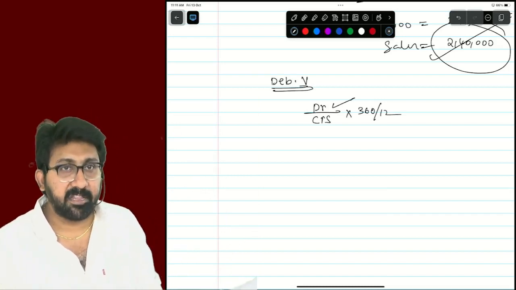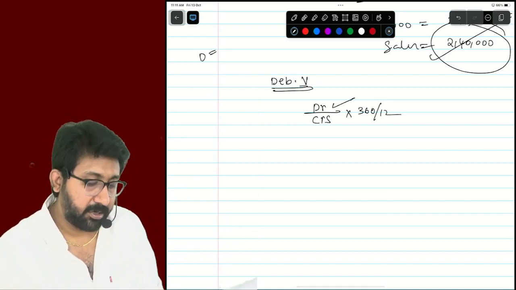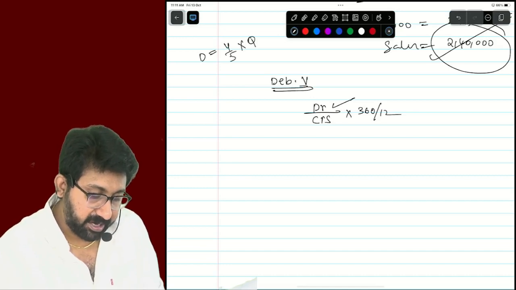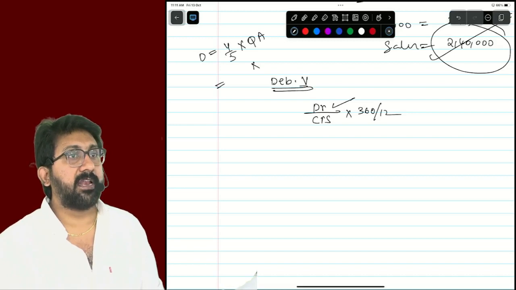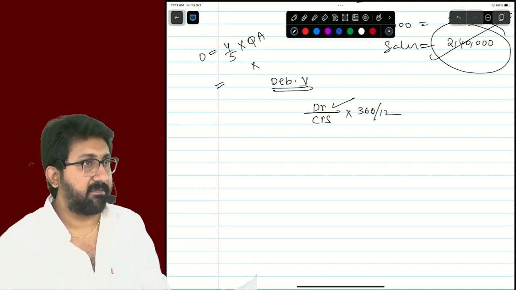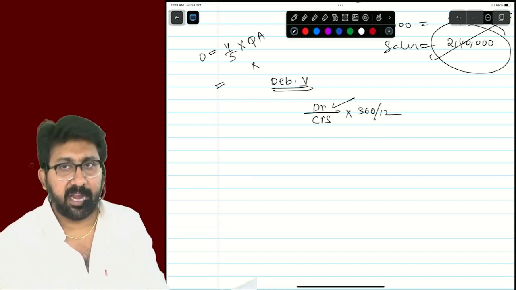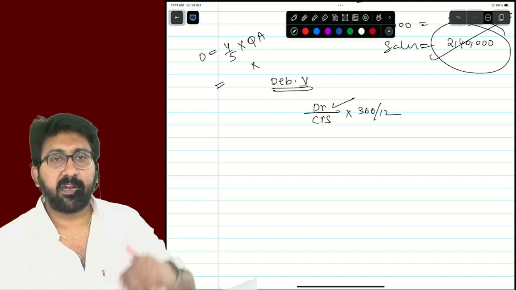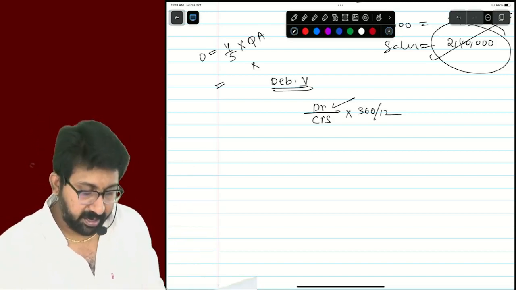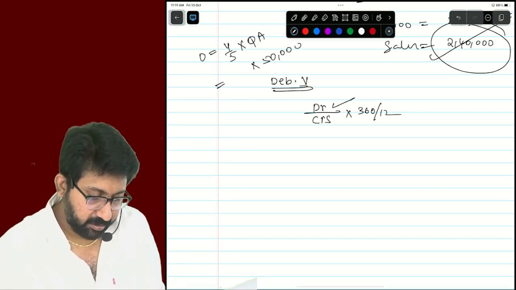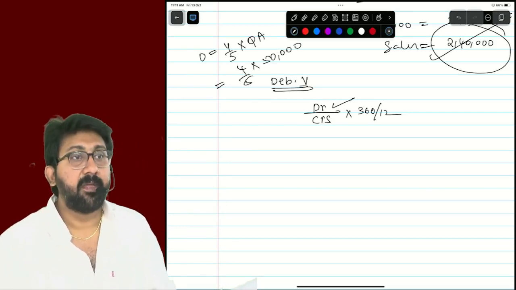He has given in the question that debtors equal 4/5 of the quick assets. How much are the quick assets we calculated? Total current assets are 80,000, minus stock. If you deduct the stock, the quick assets are 50,000. 50,000 into 4/5 became 40,000.